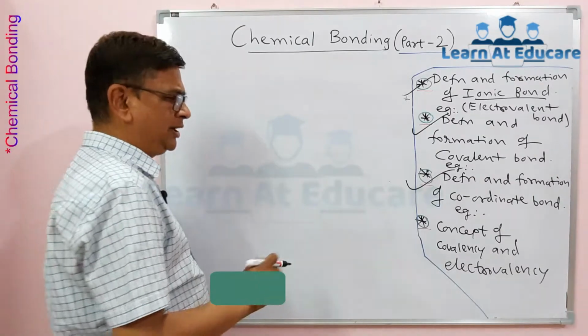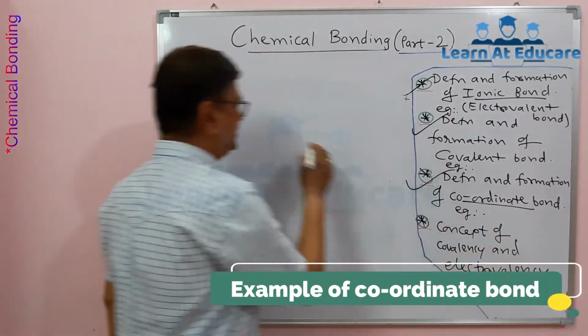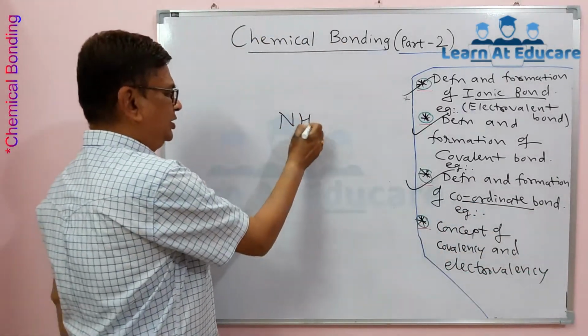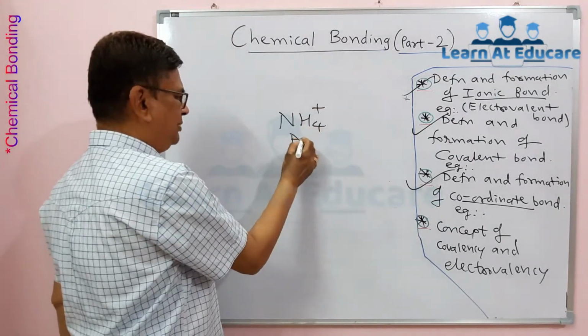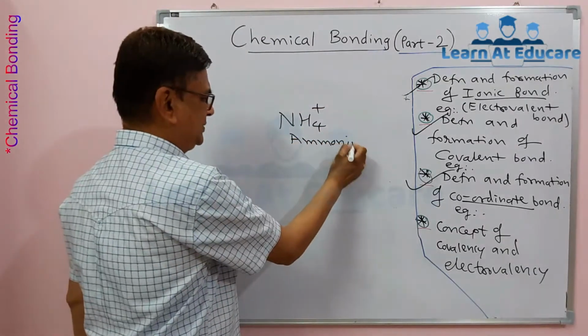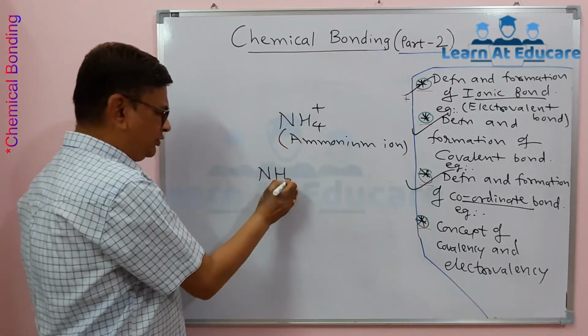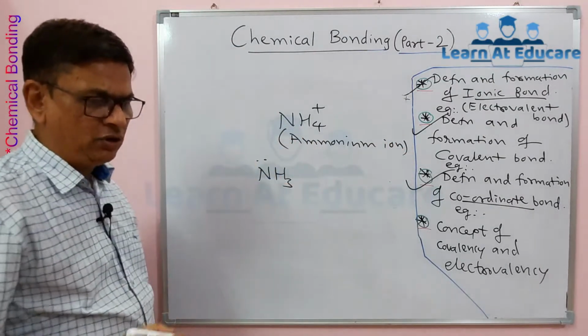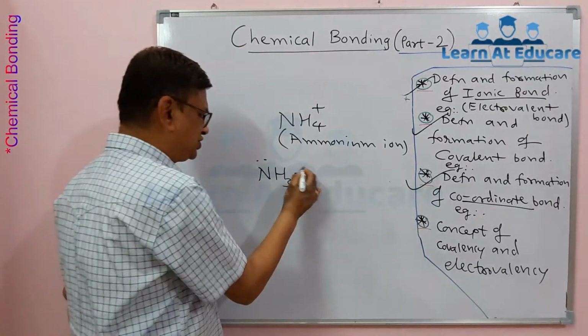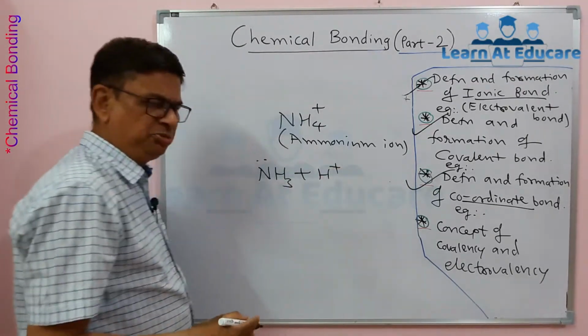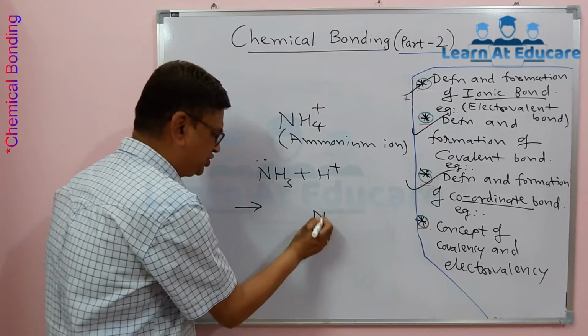We'll take an example of coordinate bond formation, and the best example is the formation of the ammonium ion, NH4+. Do you know, in ammonia nitrogen has a lone pair of electrons, and when this combines with a proton or H+ ion, then we get such a structure.